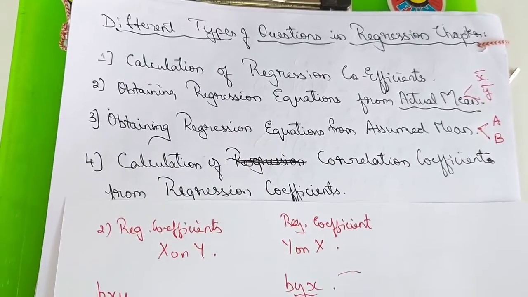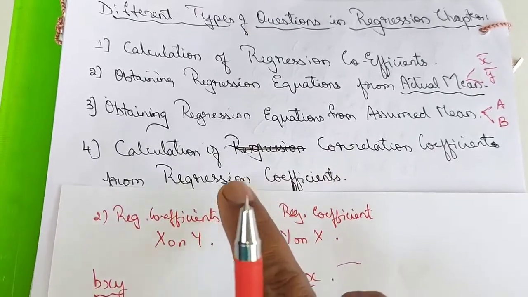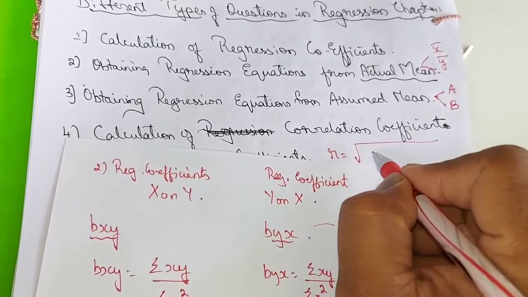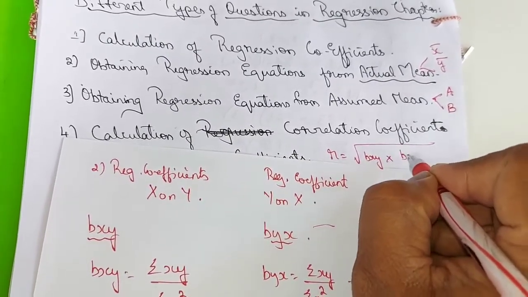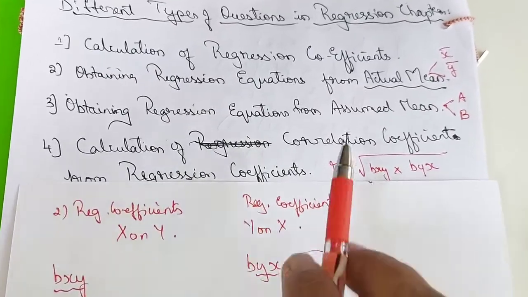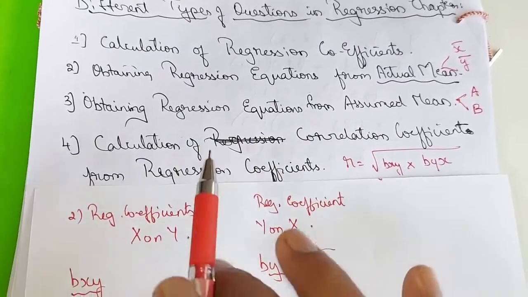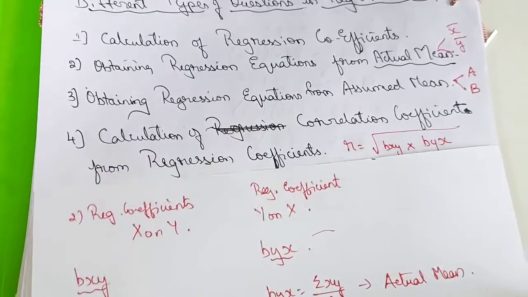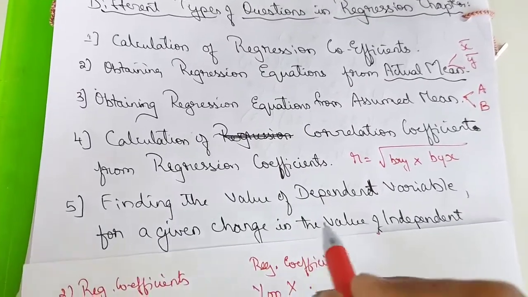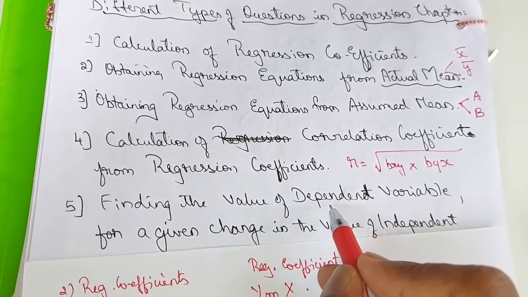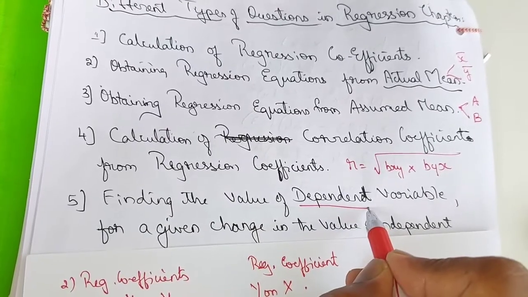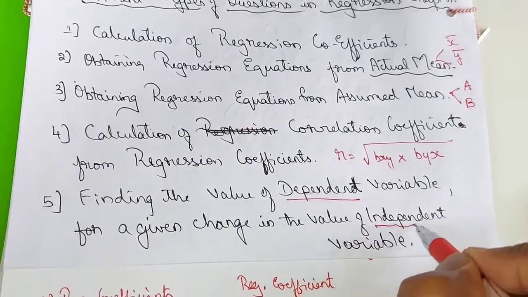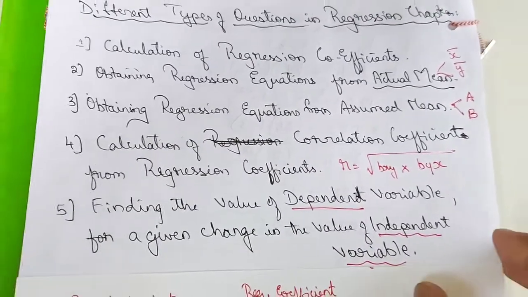Further, we also calculated the correlation coefficient from the regression coefficients, that is r is equal to the square root of bxy into byx. Next, we found out the value of the unknown variable, that is the dependent variable, for a given change in the value of a known variable, which is the independent variable.